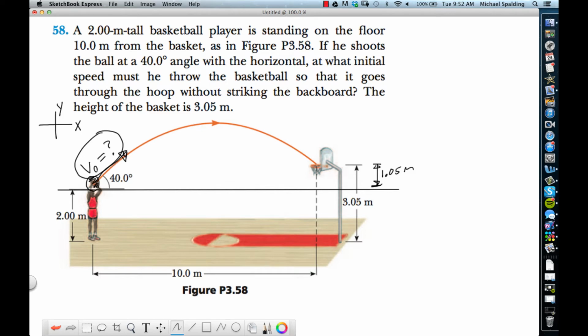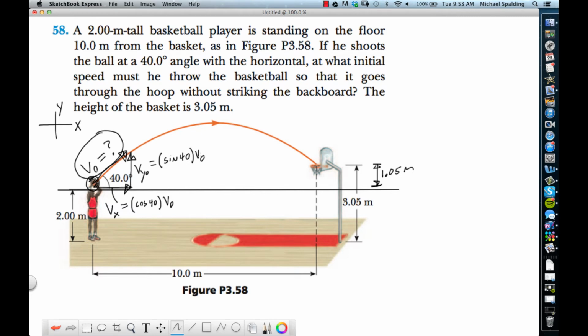So let's draw in the components of that initial velocity. This right here would be Vx initial, and this right here would be Vy initial. Vx initial is going to be cosine 40 times V initial. Vy initial is going to be sine 40 times V initial.